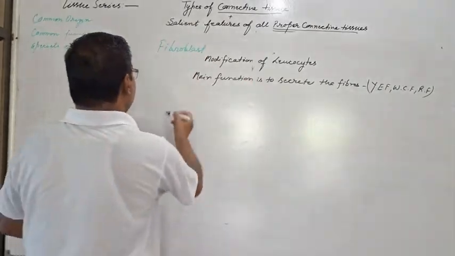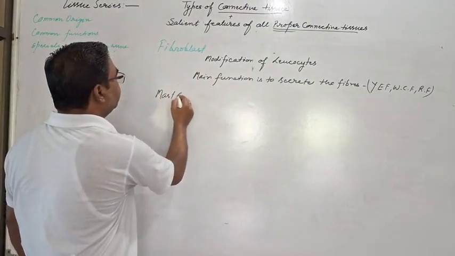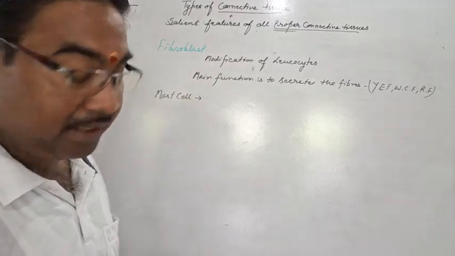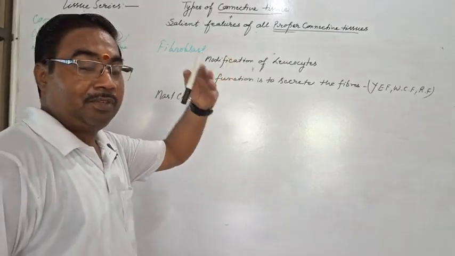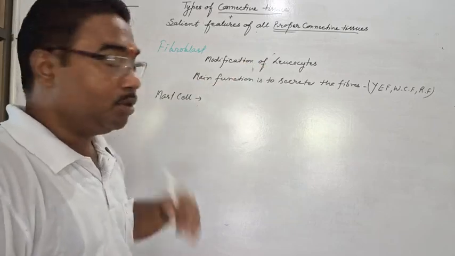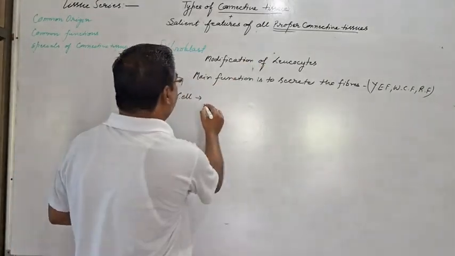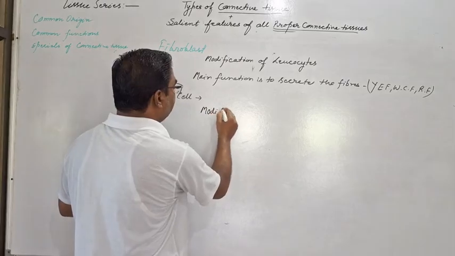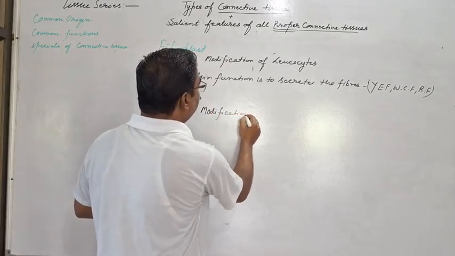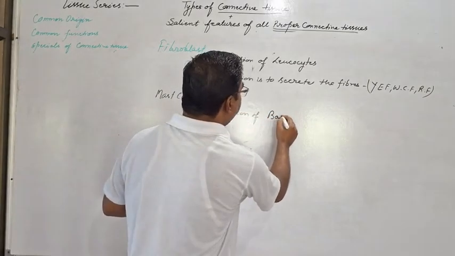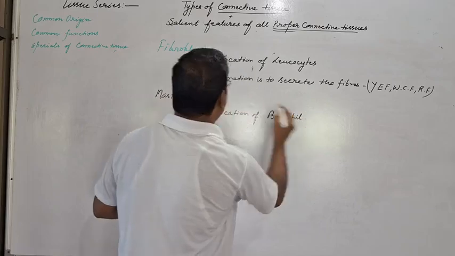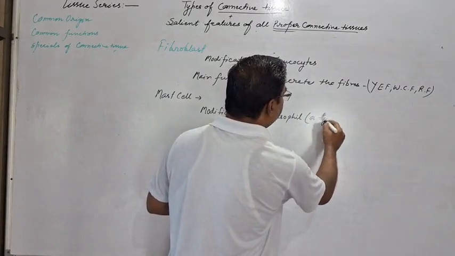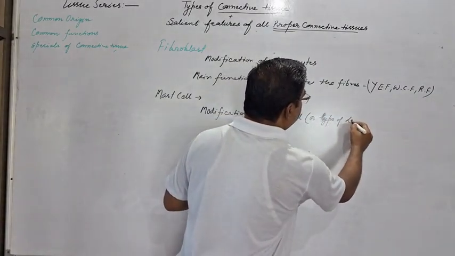The second is mast cell. What is mast cell? The basophil. Again, you should recall the five types of leukocytes, that is, five types of WBC. Mast cells are modifications of basophil. What is basophil? A type of leukocyte.